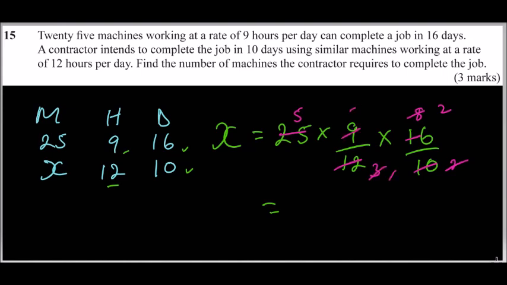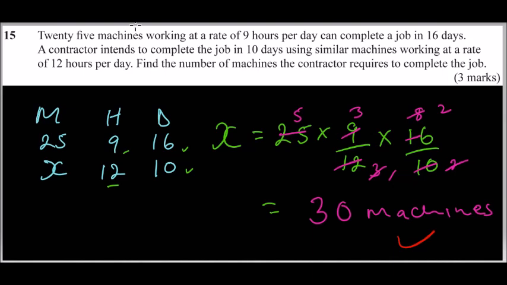By 3, you get 3. So we can multiply 5 times 3, that will give us 15. 15 times 2, that will give us 30. So he needed 30 machines to be able to complete the job in 10 days instead of 16 days, working for 12 hours. So that is how you work that out.